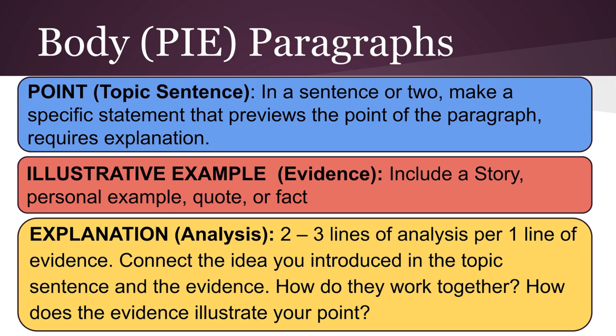Then you would need to explain how your illustrative example and your point work together. This is also called analysis. Now, as a general rule, you want to have at least 2 to 3 lines of analysis per 1 line of evidence, i.e., or illustrative example.